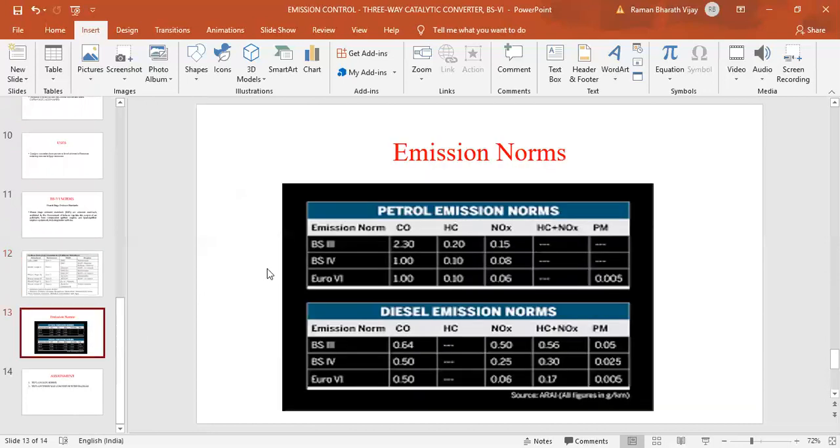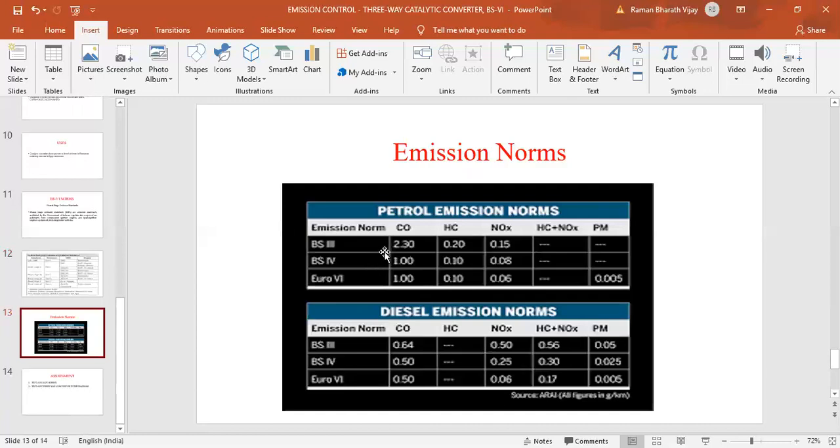You can see BS3 and BS4, which I have given here. This is carbon monoxide, this is hydrocarbon, this is oxides of nitrogen. These are three gases emitted from any vehicle, which are very dangerous to human beings and to the atmosphere.